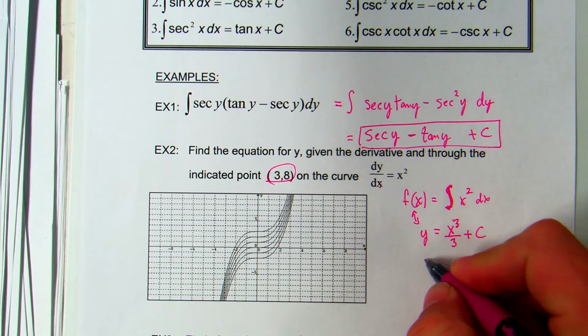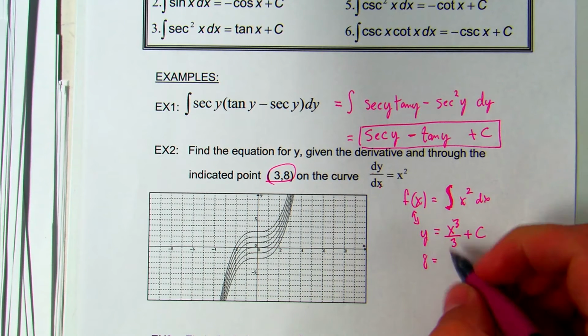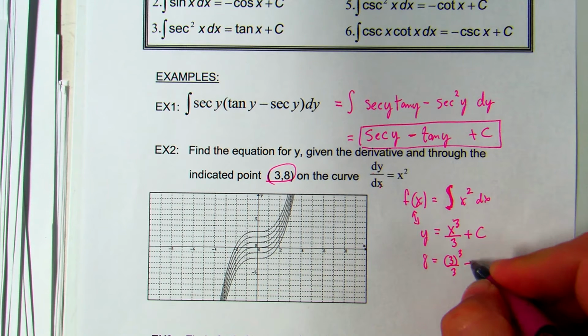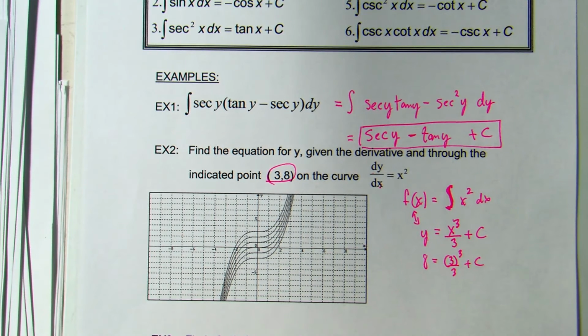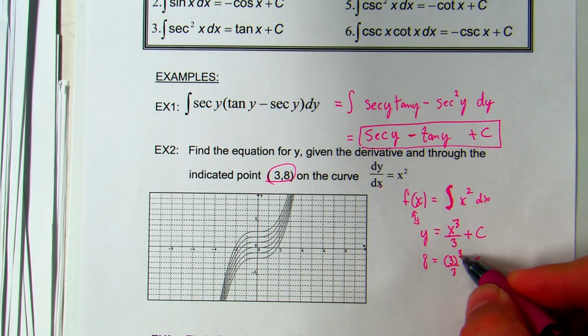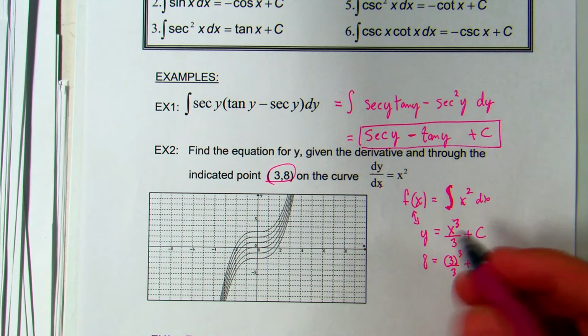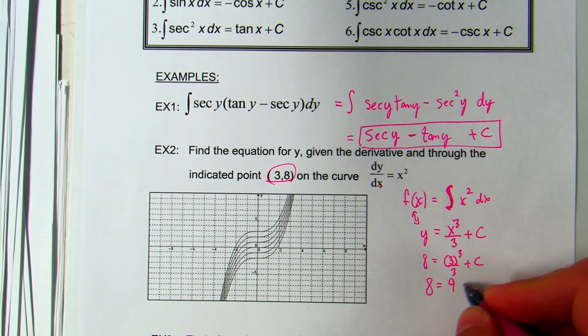So y is 8, x is 3 plus c. And if we multiply 3 times 3 times 3, we get 27. Divided by 3 is going to be 9. And so 8 equals 9 plus c.